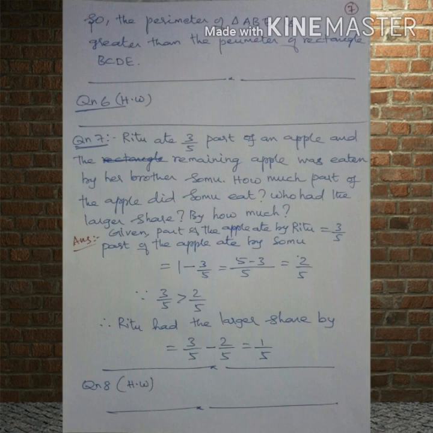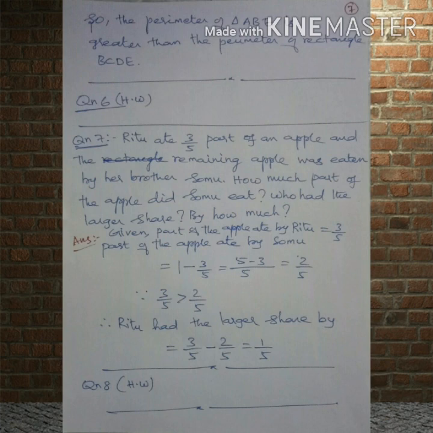After taking the LCM, it is divided by the first fraction's denominator. The first value is simply an integer, and any integer is written as that value divided by 1. So LCM 5 divided by 1 gives 5. That 5 multiplied by 1 gives 5, minus 5 divided by 5 gives 1. That 1 multiplied with the numerator, 1 three is 3. We get the answer as 2 by 5. This is the apple eaten by Somu.